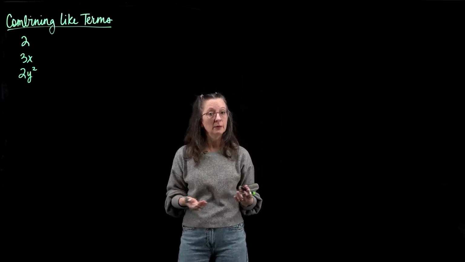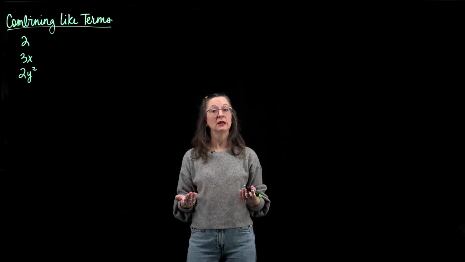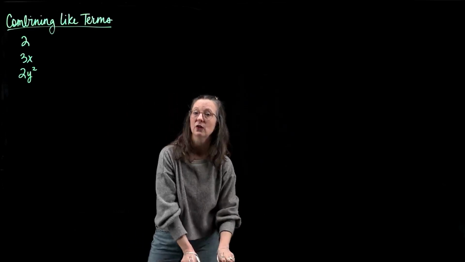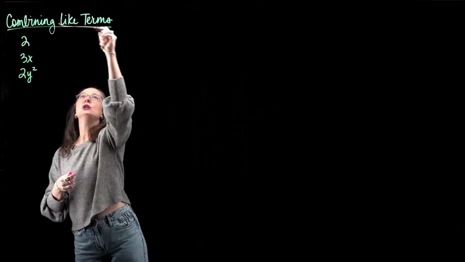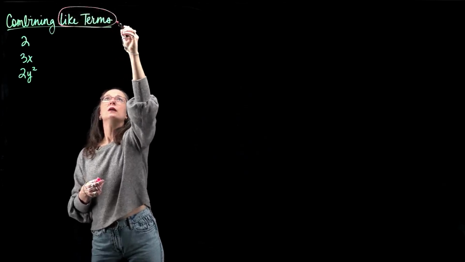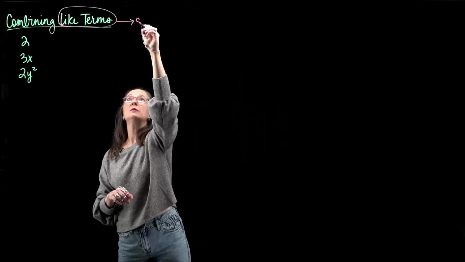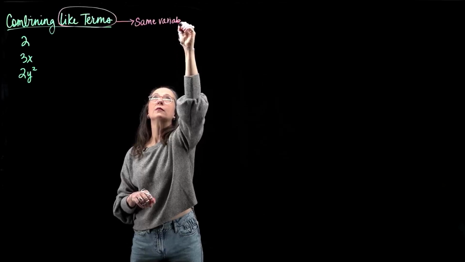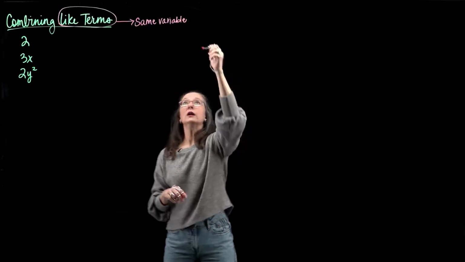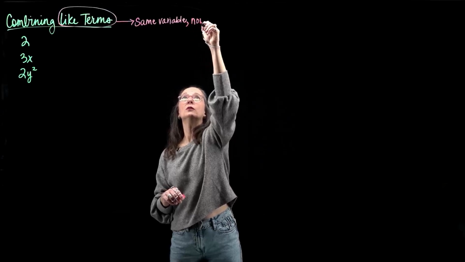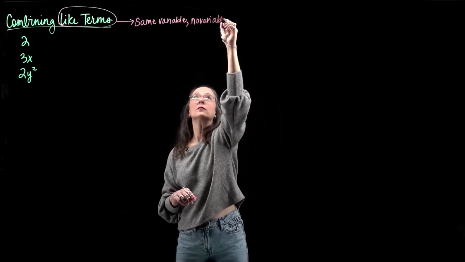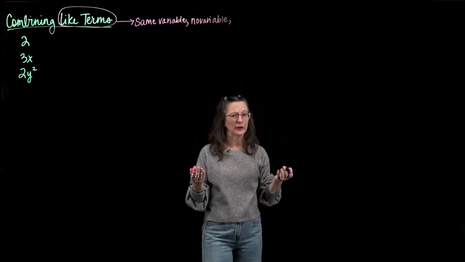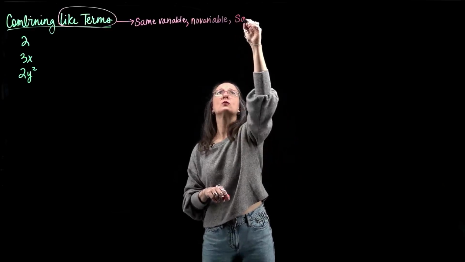Like terms can be combined. They can be put together. But when we say like terms, this means the same variable, or it could mean no variable, or it also could mean something weird like the same square root.